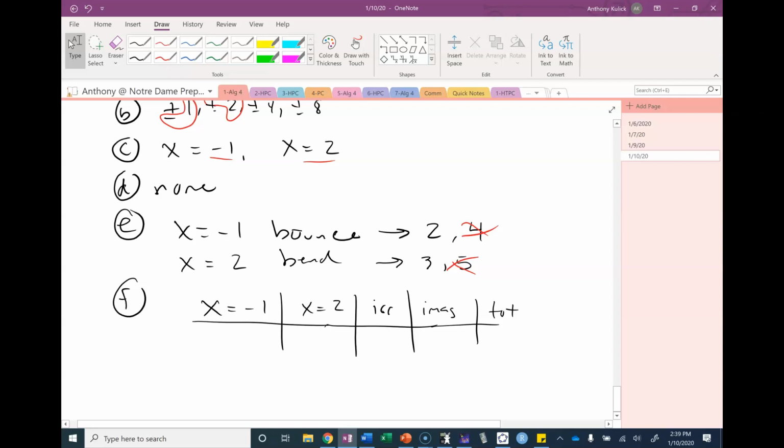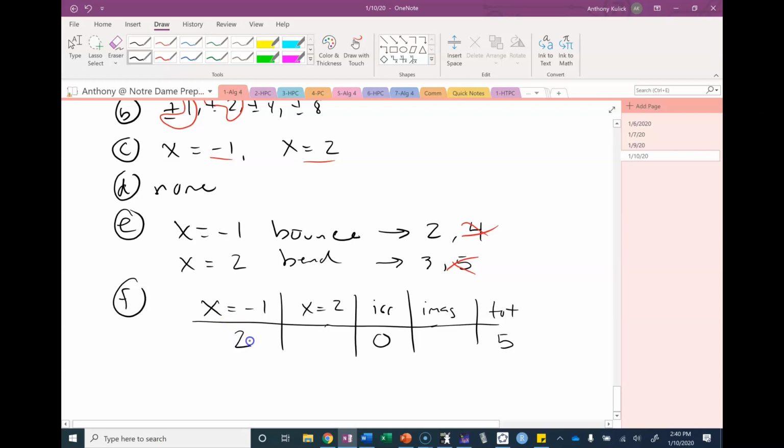This is the table that I'm going to make. The total is always going to be 5, because that's the total number of solutions I can have for this problem. The irrationals, we already established as 0, because the only x-intercepts we saw were things that were on our list.